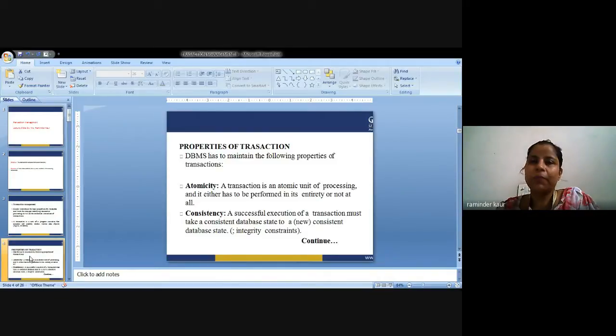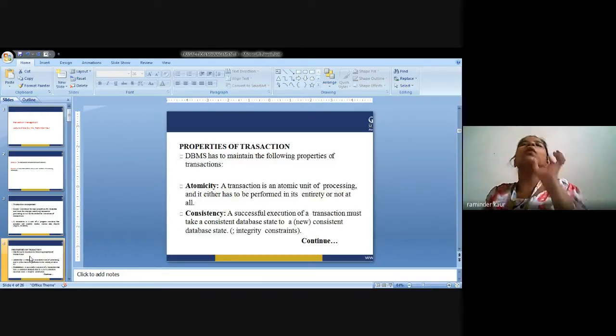Now, what is atomicity? Atomicity means either you are supposed to perform all the transactions entirely, or you are not done with them at all. If you begin your transaction, it is a rule that you complete all the processes in that transaction completely.